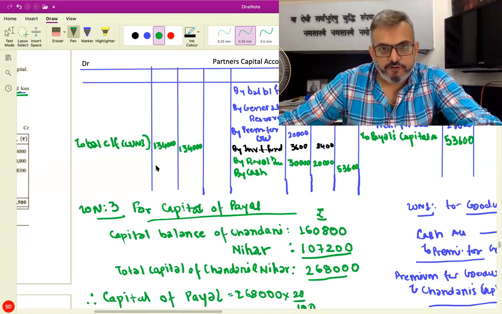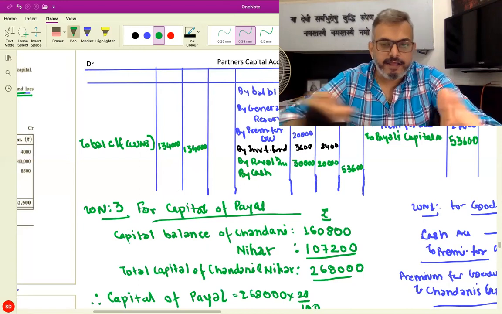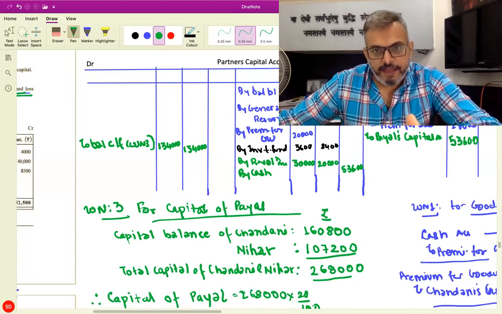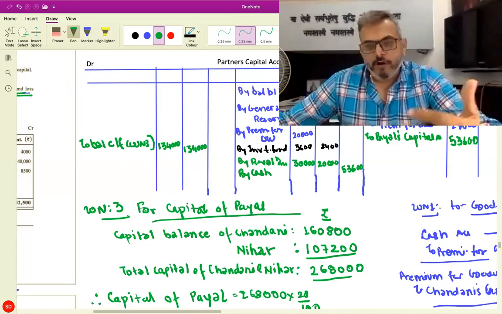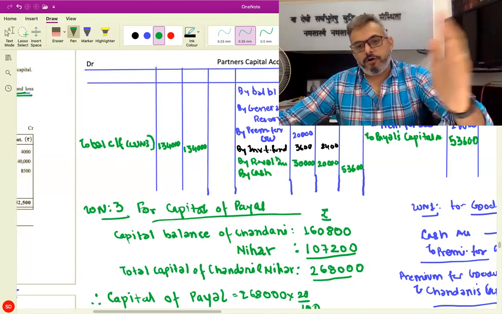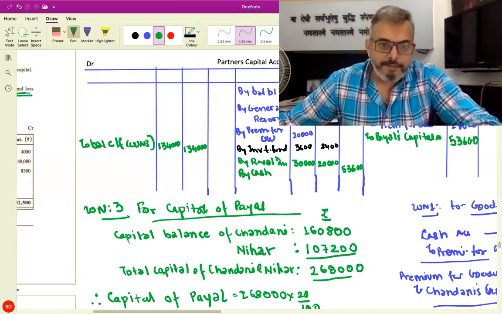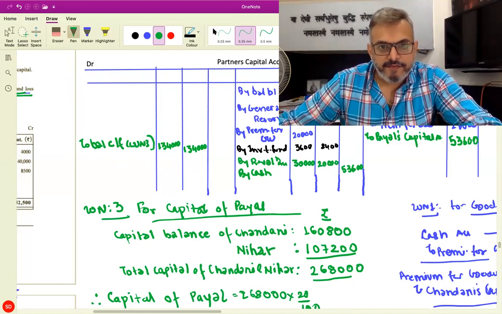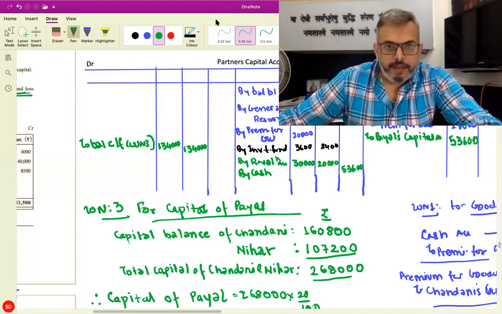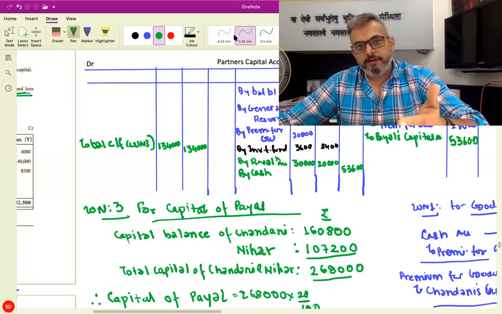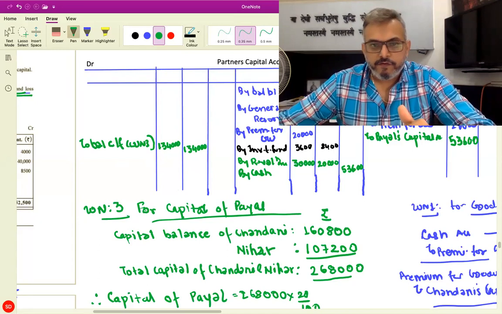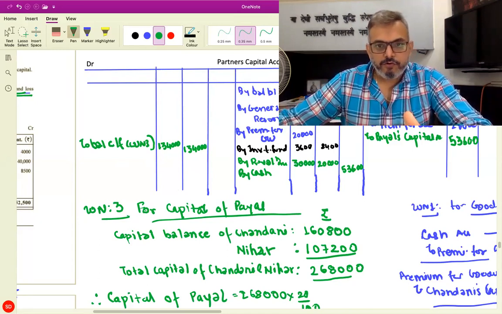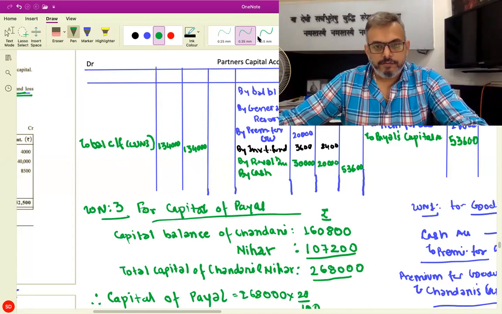Here nothing is given about what partners will do if their capital is more or less. So in that case we will assume that they will bring cash or they will give money by check in order to balance their closing capital. So we have to balance it as a normal sum and see whether a partner is bringing or the partner is withdrawing. Got it?